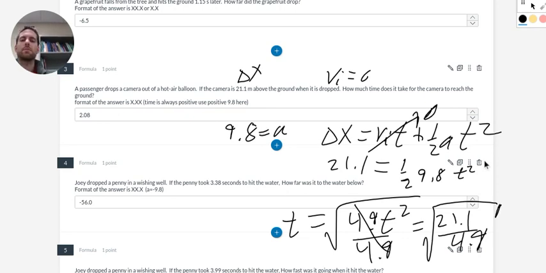My answer is going to be the square root of 21.1 divided by 4.9. So that's going to be 2.075, and that's to 2 decimals, so I round that here, 2.08.